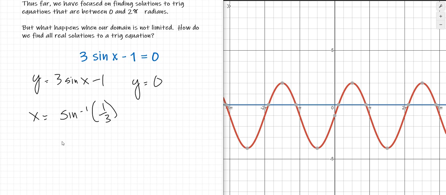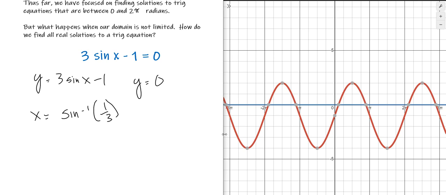So that means that overall, if I have initial solutions x1 and x2, whatever these are, let's say my x1 is 0.34 and my x2 here is 2.80, then my general solution is going to be that all solutions to this equation are x equals 0.34 plus 2 pi, which is my period, times n, which is just some integer.